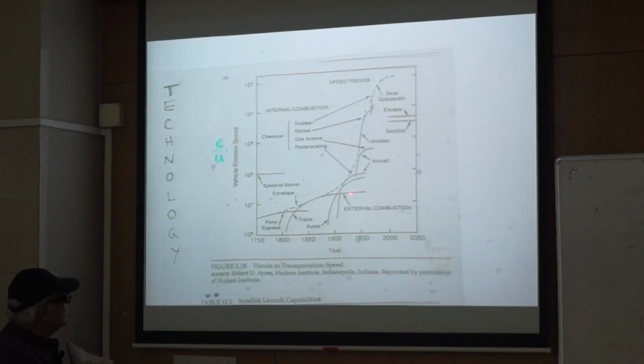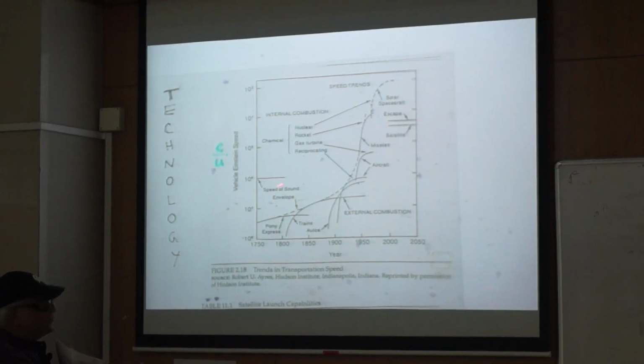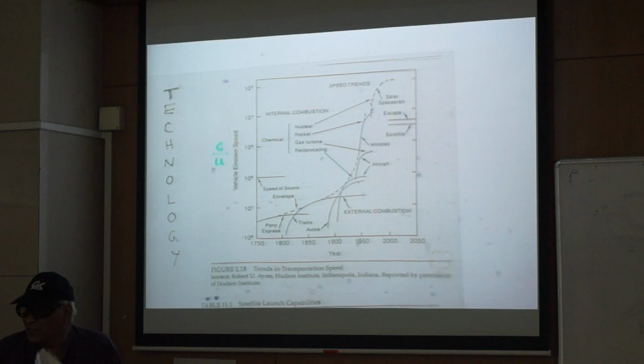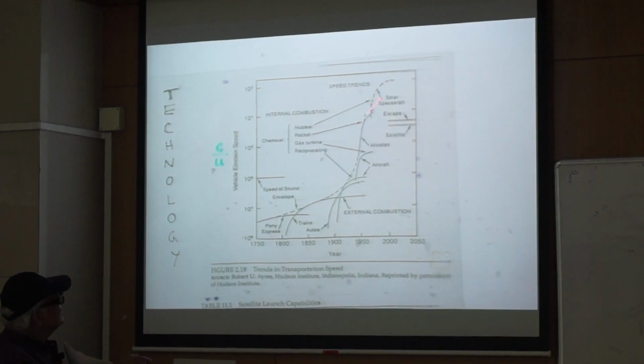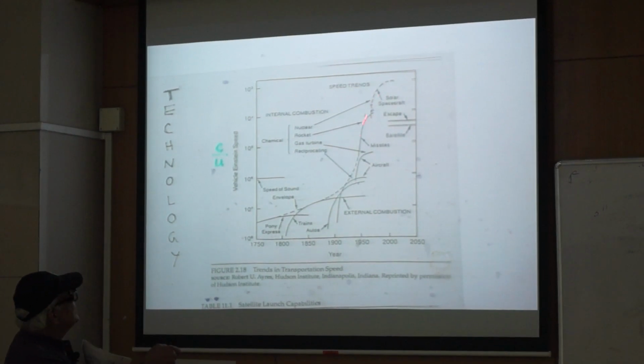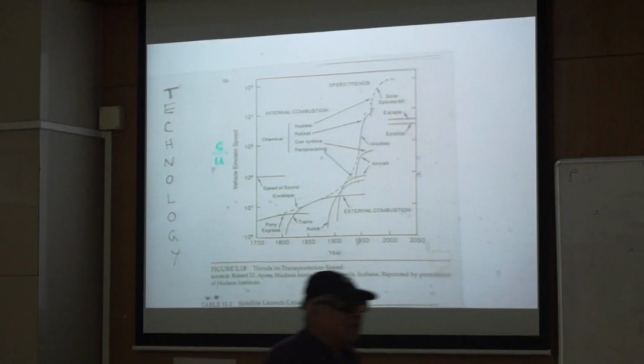Trains, all of them use external combustion. This is the speed of sound here. Aircrafts, they all fly at about 400 to 500 kilometers per hour. Then space. You see the Einstein speed here? So these are all independent things.